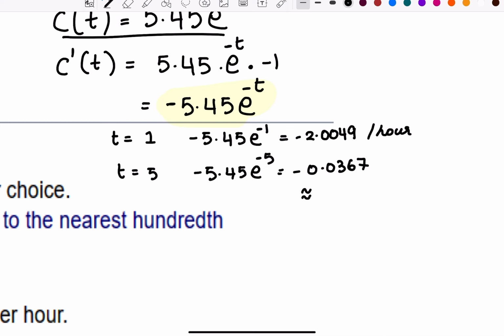I think they ask us to round it off to 2 decimal places. So this is going to be 0.04, and this is going to be 2.00, which is 2. But keep in mind the negative sign tells you that it's decreasing. So this is negative 0.04, or 0.04 milligrams per milliliter per hour, after 5 hours.